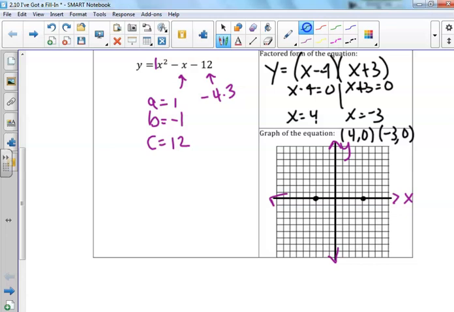Recall from a previous lesson that our axis of symmetry will be the midpoint of your x-intercepts. So the middle value between 4 and -3 should be 1/2 or 0.5. Therefore, I know that x equals 0.5 is my axis of symmetry.